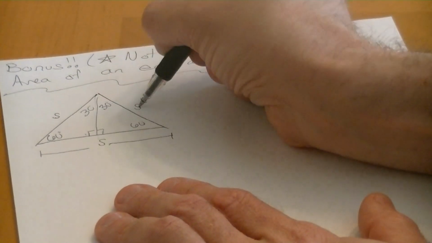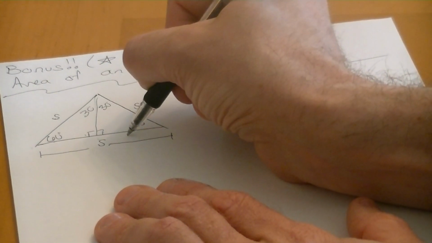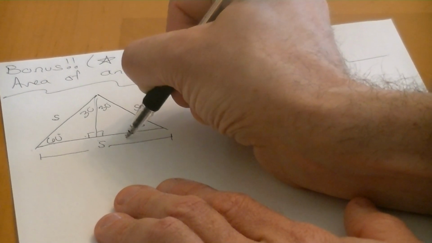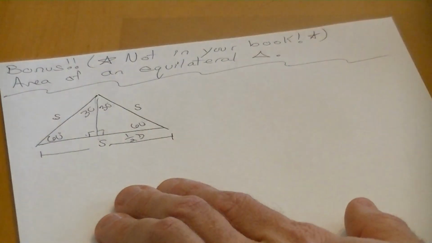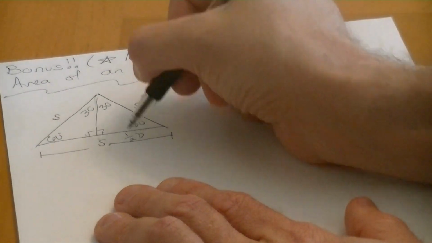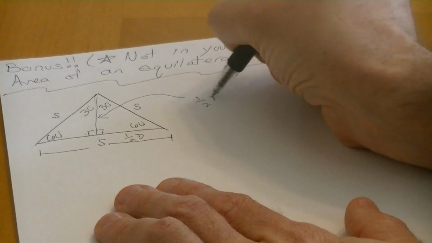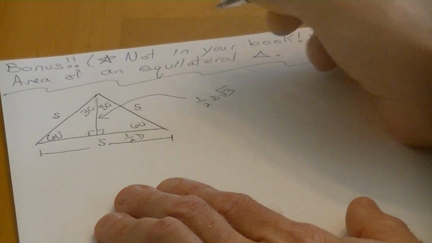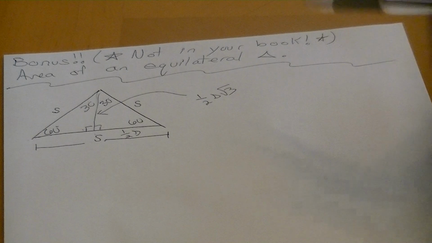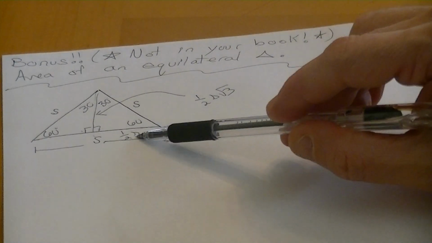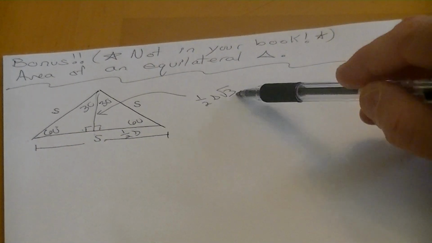If the hypotenuse is s, then the short leg is going to be 1/2 s. And if that's the short leg, then the long leg is 1/2 s root 3. This is our special right triangle work from chapter 8. Short leg times root 3 gets you the long leg.